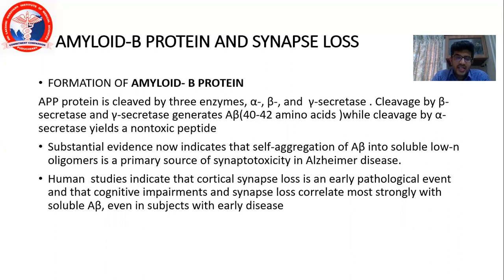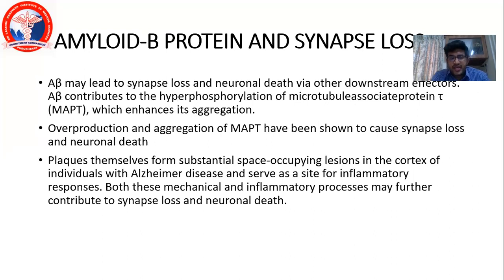Human studies indicate that cortical synapse loss is an early pathological event, and that cognitive impairments and synapse loss correlate more strongly with soluble A beta, even in subjects with early disease. Okay. So A beta may lead to synapse loss and neuronal death via downstream mechanisms.